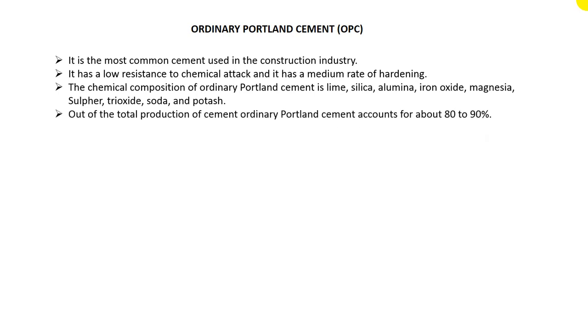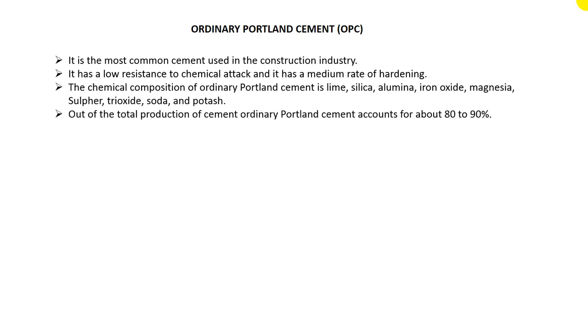Out of the total production of cement, ordinary Portland cement accounts for 80 to 90%. Previously I told you that in almost every construction work OPC is used by every construction company, and why it is used, I have already discussed.